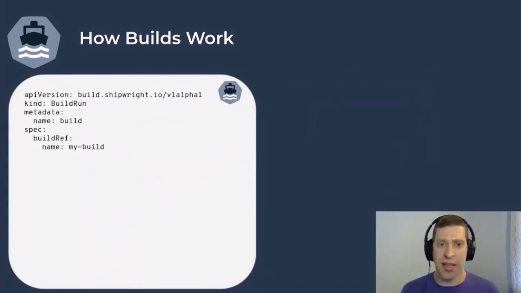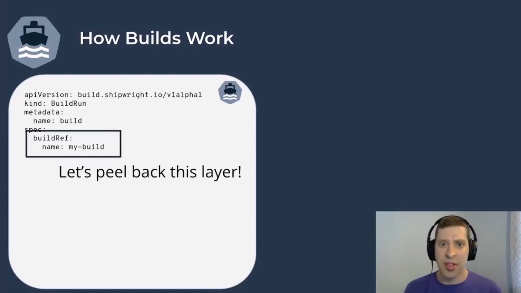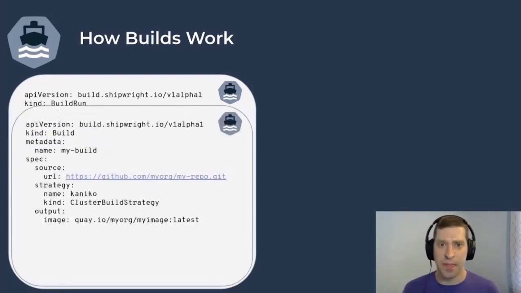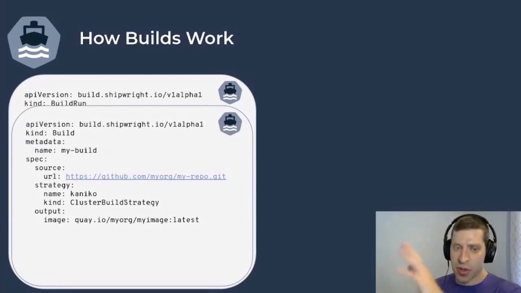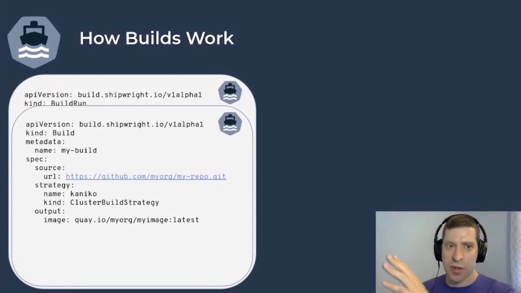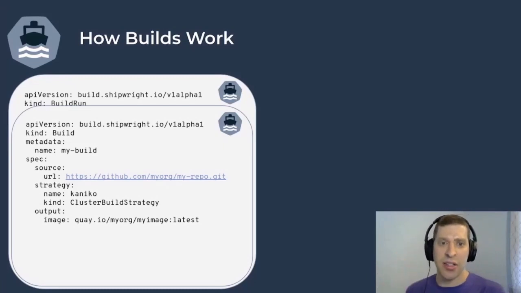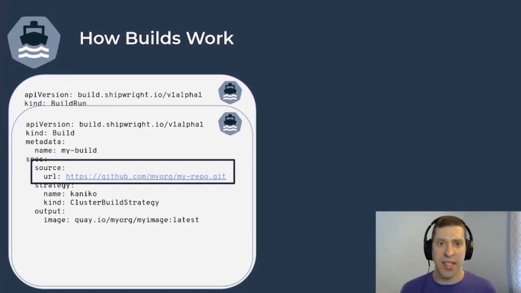Where your source code is and where you want your image pushed to is in the next layer of the API, the build object. So let's peel back this layer and take a closer look at the build object. Here we define where the source code is located, where we want to push the image, and which strategy we want to use to assemble the image. You can see this particular build is cloning source from GitHub.